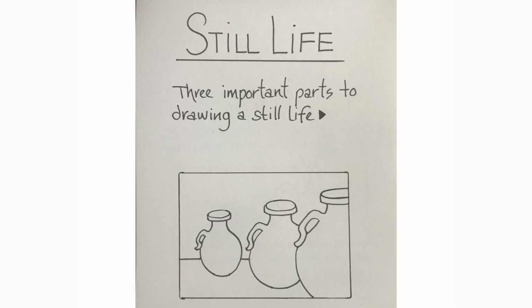We are going to do a still life lesson. There are 3 important parts to drawing a still life, and by the way, this is what a still life looks like. It's just some objects on a table.